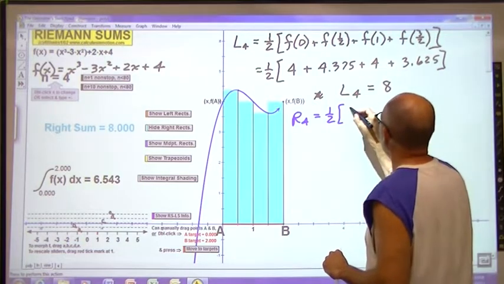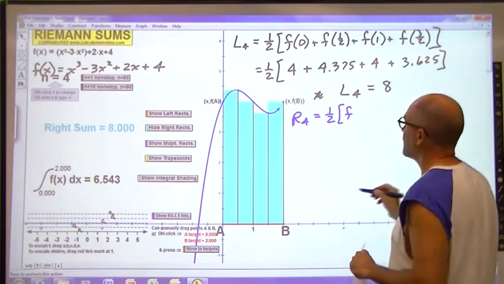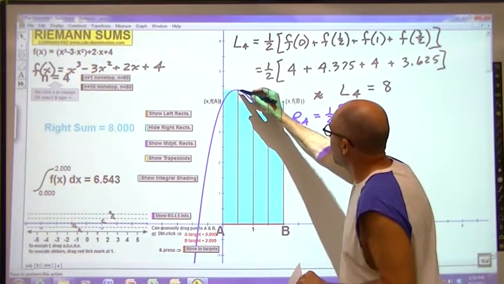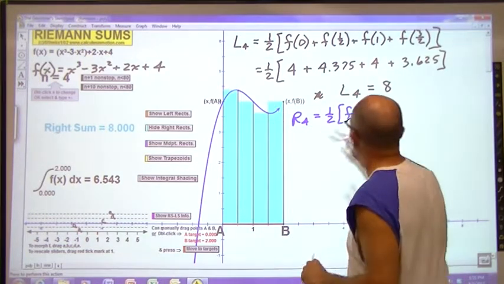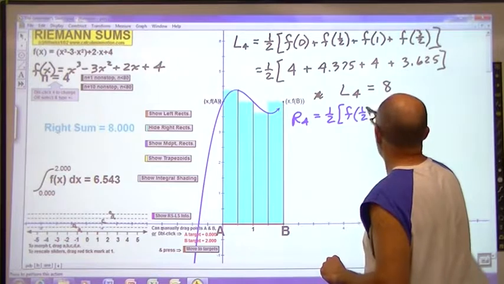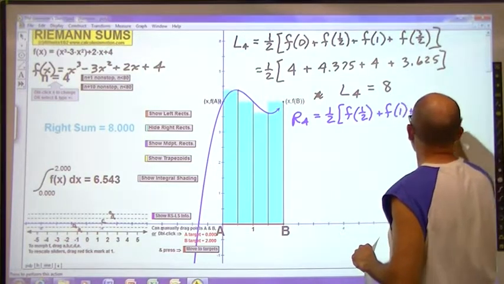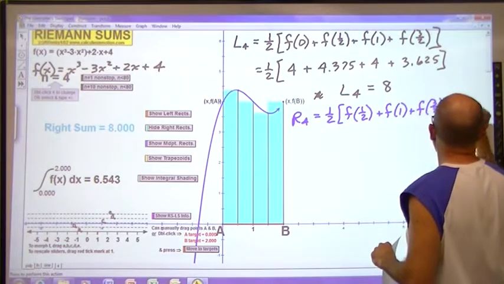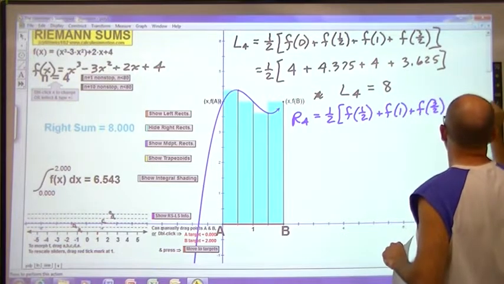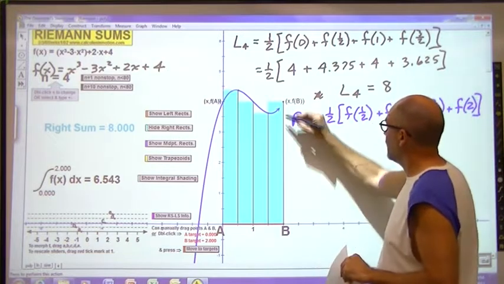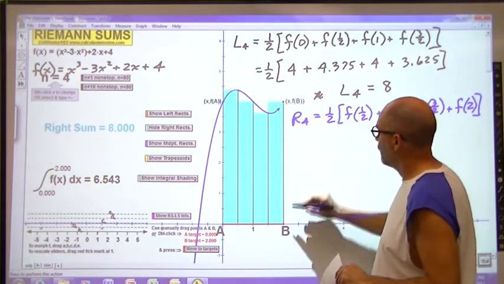And now, this time, the right-handed rectangles, my first rectangle is going to be f of 1/2. Then f of 1, then f of 3/2, and then f of 2. See, my final right rectangle is f of 2.